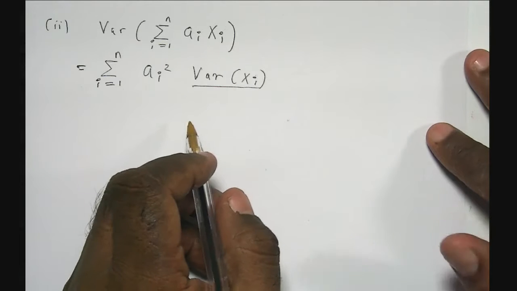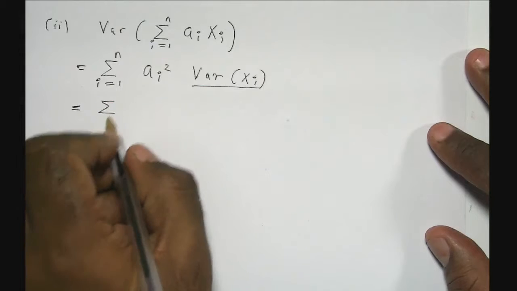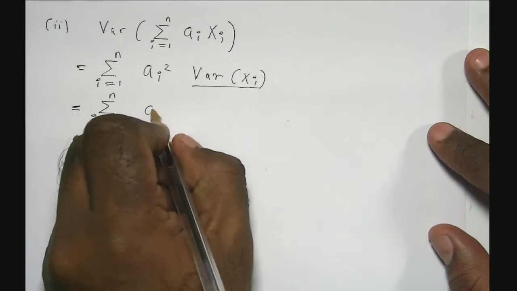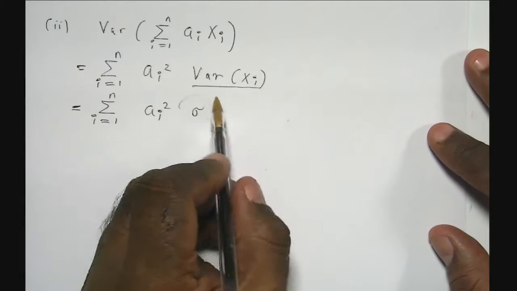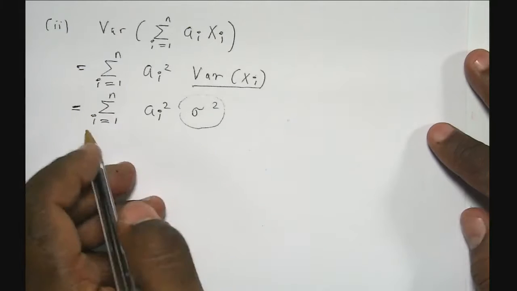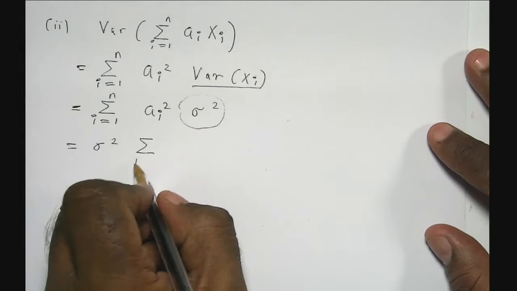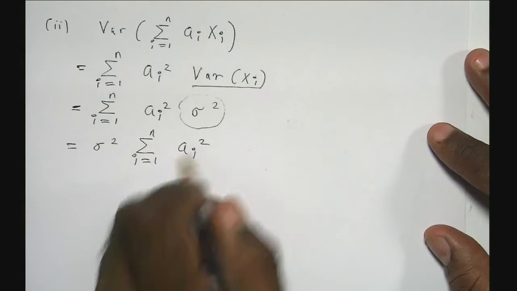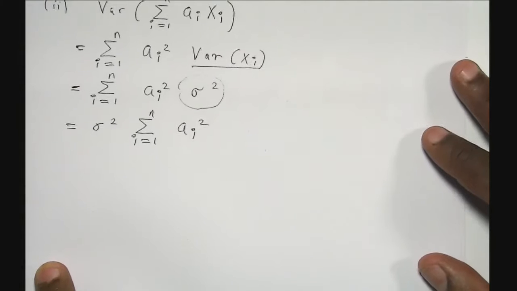The variance of Xi is equal to sigma squared. Now because sigma squared is a constant, you can pull it outside the summation sign. So this becomes sigma squared times the sum from 1 to n of ai squared, right? You're with me so far, guys?